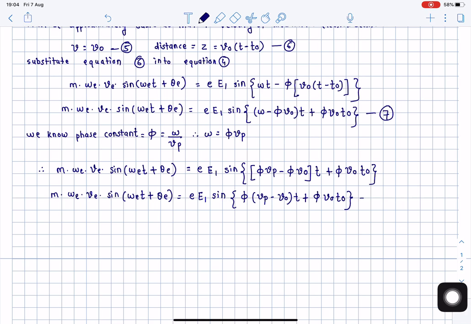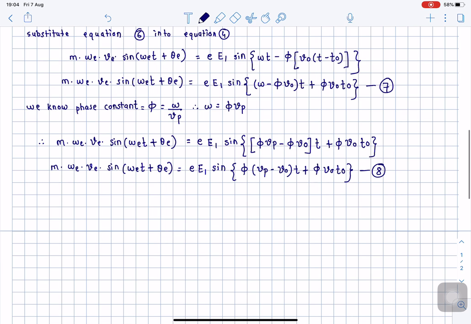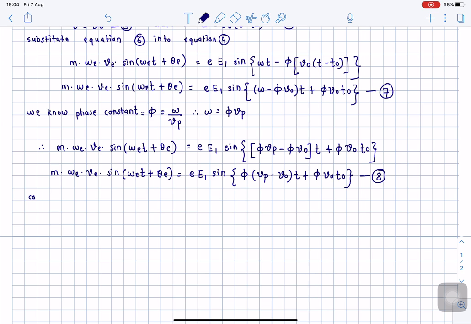Now let us call this equation number 8. Okay, so if we compare both sides of equation number 8, comparing both sides of equation 8.